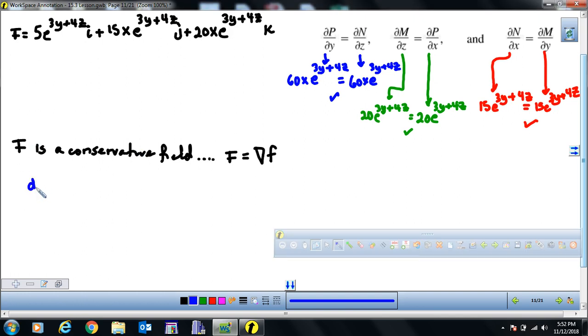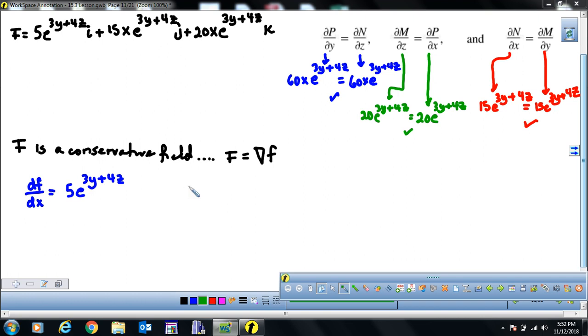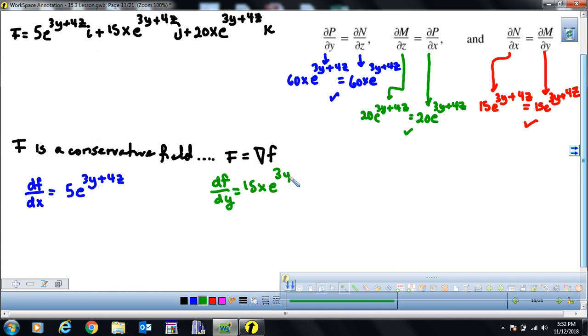So the derivative of some potential function with respect to x equals 5e to the 3y plus 4z. Then the derivative of some potential function with respect to y is equal to 15x times e raised to the 3y plus 4z.